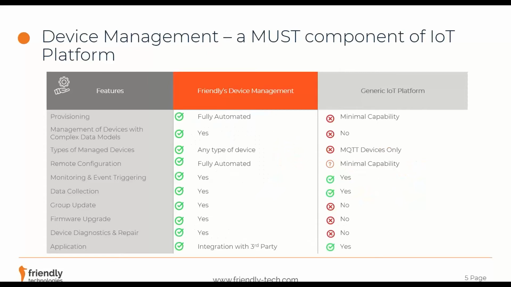So I just need to highlight a few things. When we're talking about device management versus an IoT platform, there are 1,000+ IoT platforms on the market, open source and commercial applications as well. Many of the generic IoT platforms out there are very good at that visualization element, like the ingestion of the data and the formatting of that data.